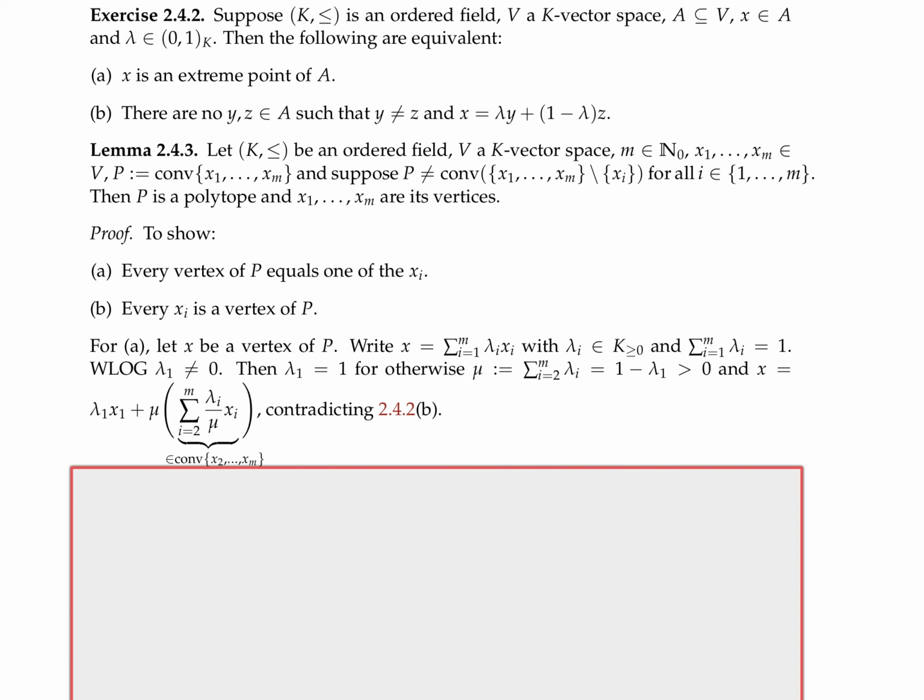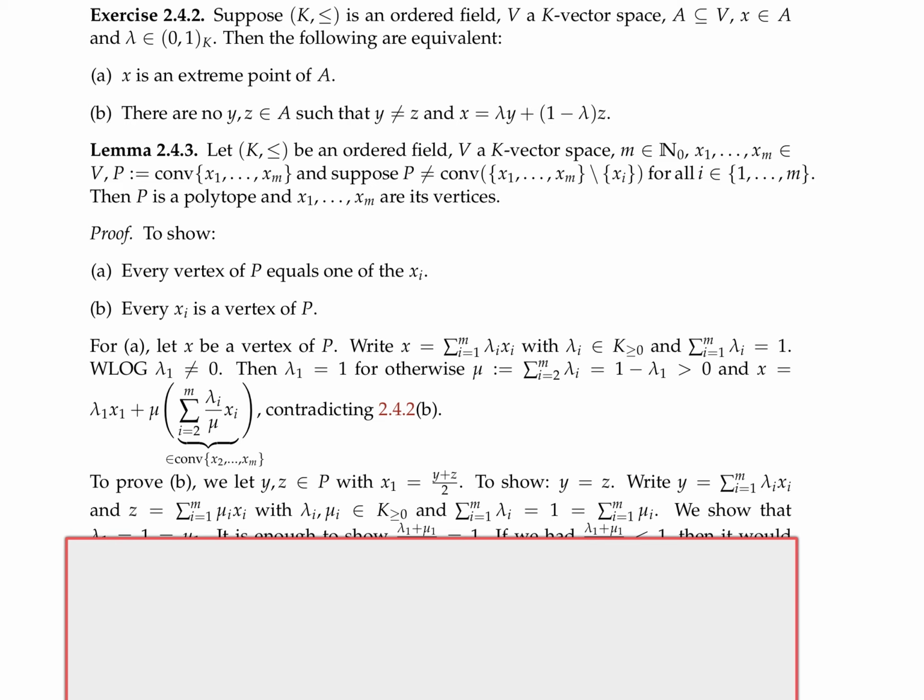Well, that's just because the lambda i divided by mu are non-negative, of course, and they sum up. Well, what do they sum up to? They sum up to 1 minus lambda 1 over mu, but mu is 1 minus lambda 1, so they sum up to 1, these coefficients here, and therefore this is a convex combination.